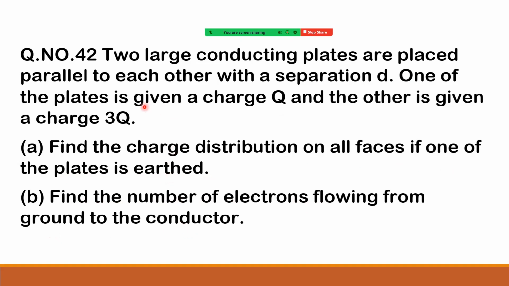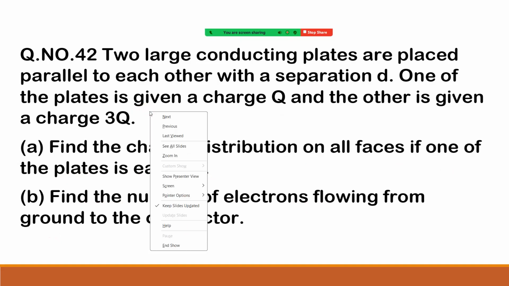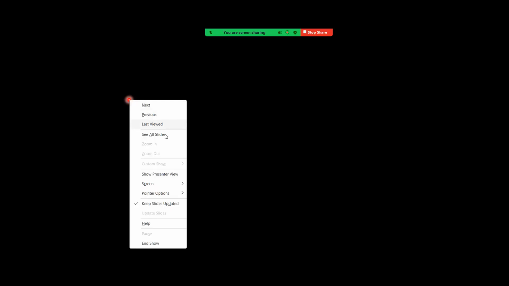So given Q and 3Q, one of them earthed. Now we have to find the number of electrons flowing. Right, see how to solve this one.